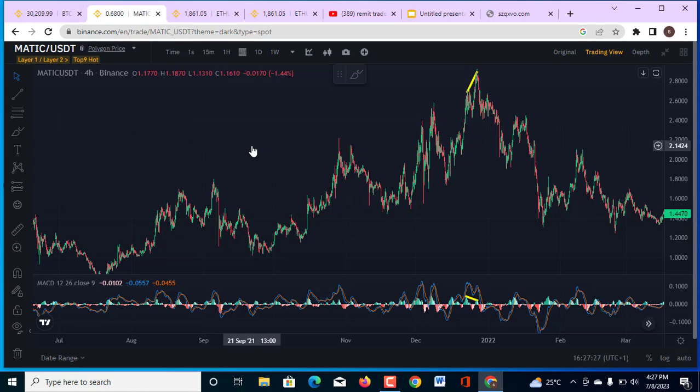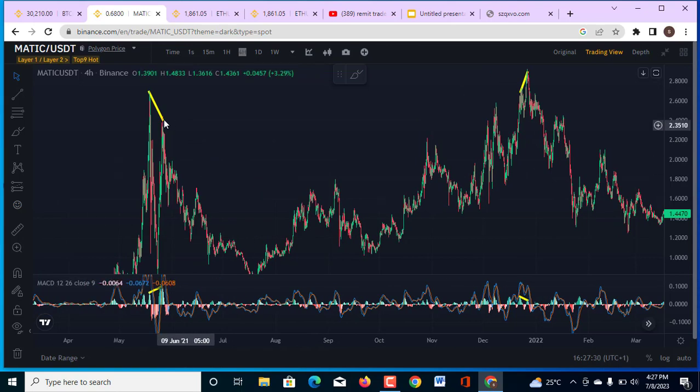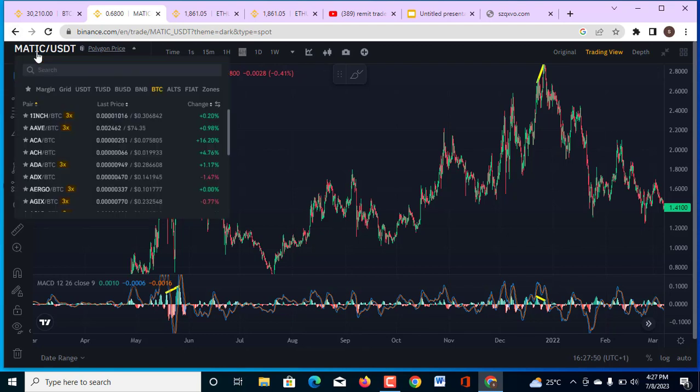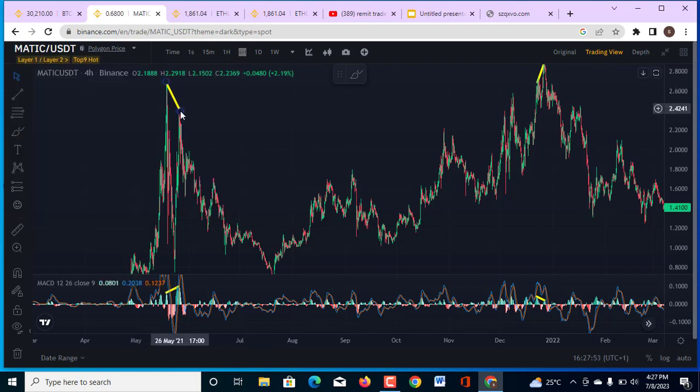And if you look at the MATIC chart, divergence of divergence means, let's say, for example, at this very area of resistance, if you find another divergence within this very price zone on this very same chart, I'm using the 4-hour chart, then that means the market has a capacity of moving to the downside. Let's say, for example, in this case, on the MATIC USDT 4-hour chart, from this price zone of 2.3 to this very price zone of 2.7, the market came back down after we spotted divergence.